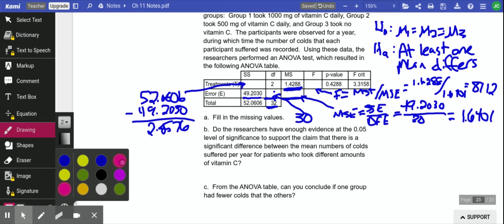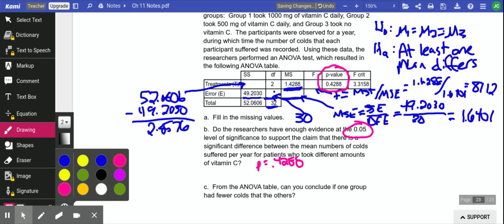All right, so do the researchers have enough evidence at the 0.05 level of significance to support the claim there's a significant difference between the mean number of colds? There is an F critical value, which we don't really care about. What we want is the P value right here. We know that P is 0.4288, and we want to compare that to our alpha level.